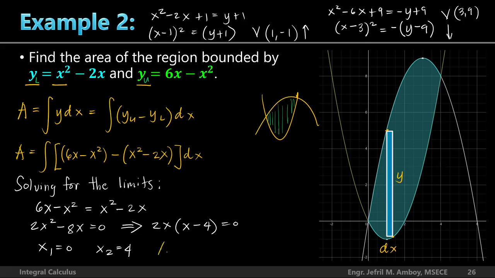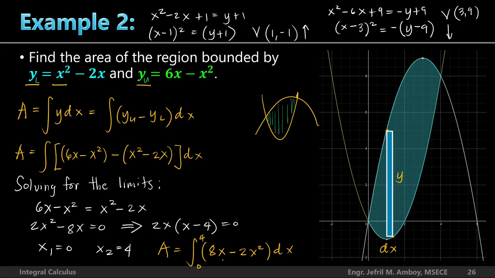So, the area is now equal to the integral of, okay, combine like terms, 6x minus negative 2x is positive 8x, and then minus x squared minus x squared. So, minus 2x squared dx. Yan na ngayon yung i-integrate natin from 0 to 4. O, di ba? At dahil wala na tayong space, next slide.